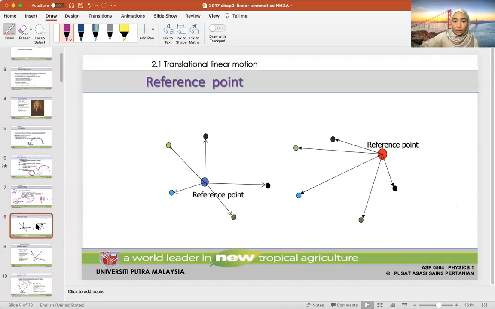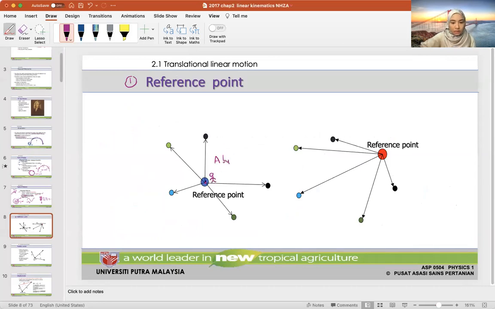Okay, so now I need to tell you about terms. Terms yang pertama adalah reference point. When we start from a point, let's say Abu, okay, Abu kat sini lah. Saya tak pakai nama siapa-siapa sebab kesian.